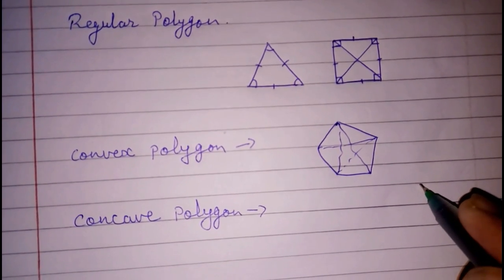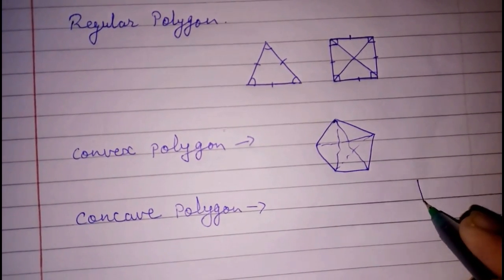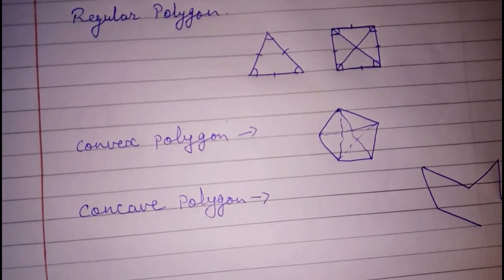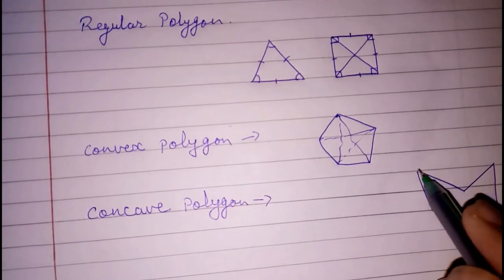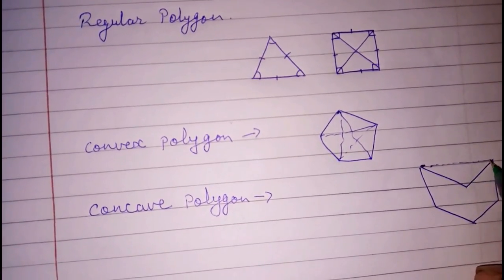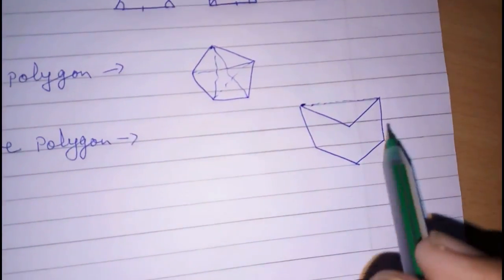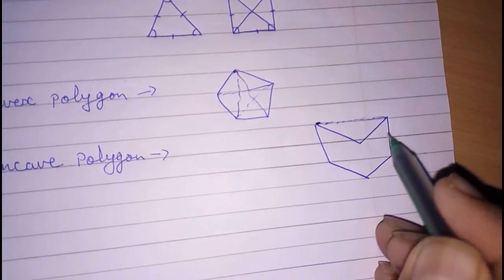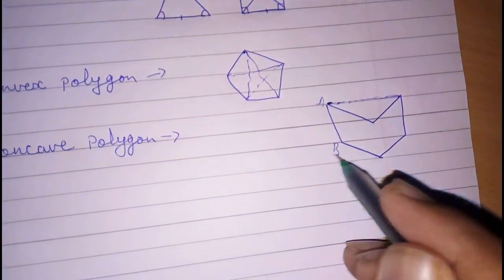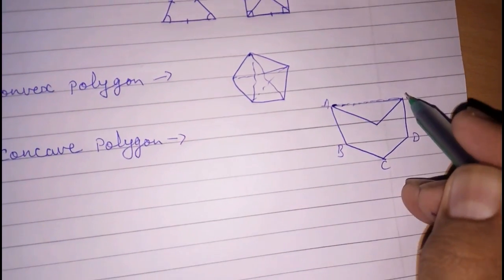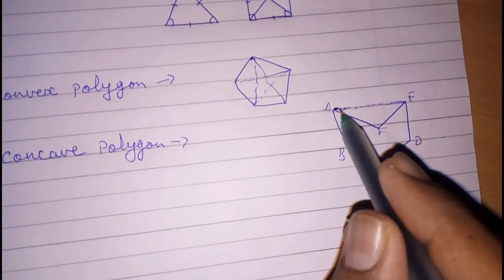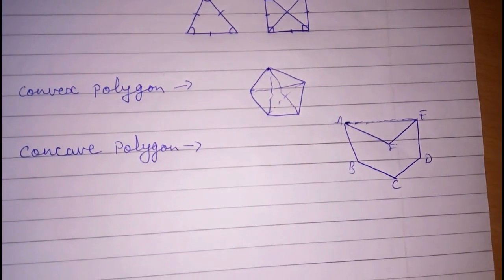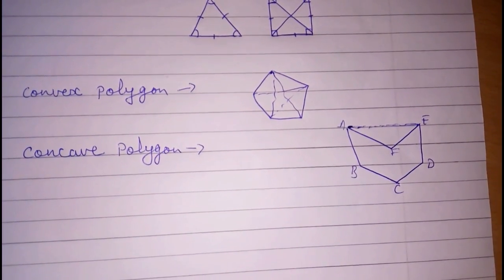And if I draw a figure like this, then you can see this diagonal is outside the figure. This is the diagonal of this figure, A, B, C, D, E and F. So the diagonal AE is outside the figure, so we can say that it is a concave polygon.